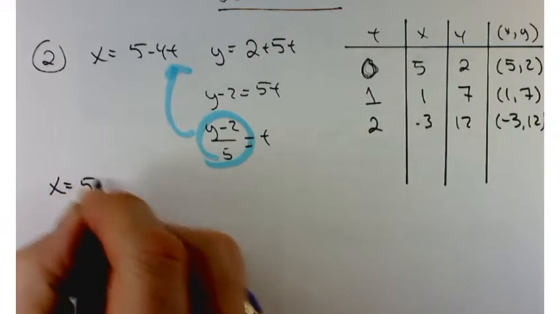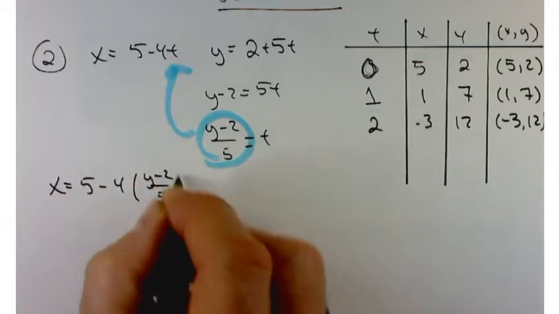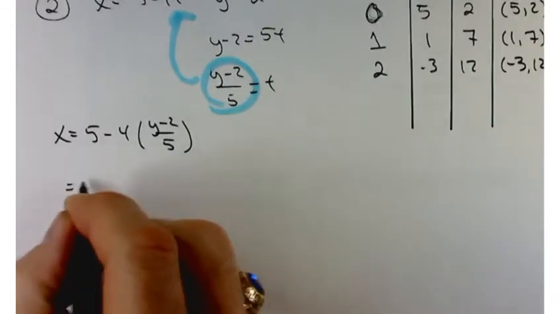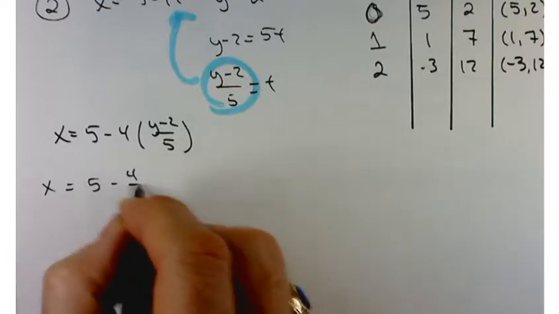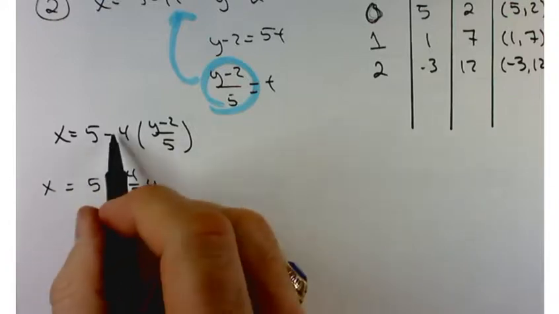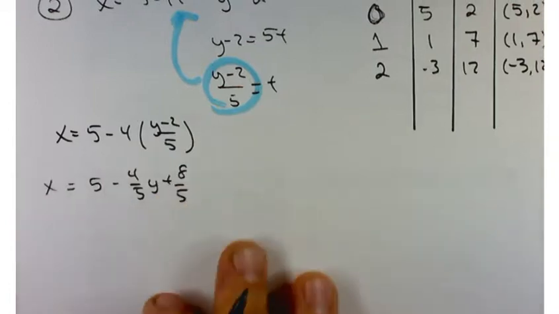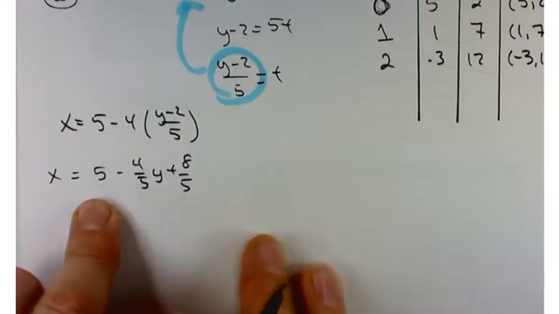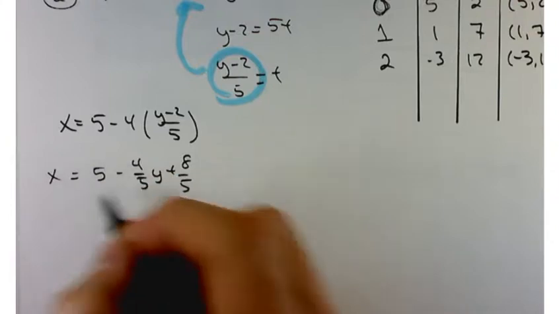x equals 5 minus 4 times (y minus 2) over 5. If I distribute here, I get x equals 5 minus 4/5 y plus 8 over 5. When I combine like terms here and here, let's see, we'll regard this as being 25 over 5.